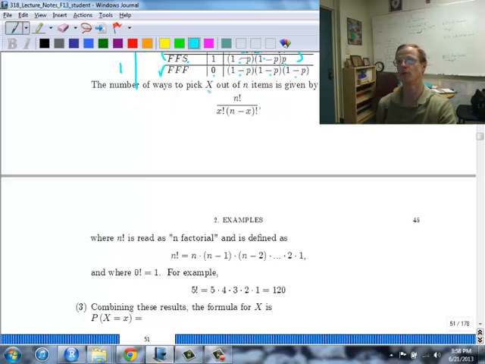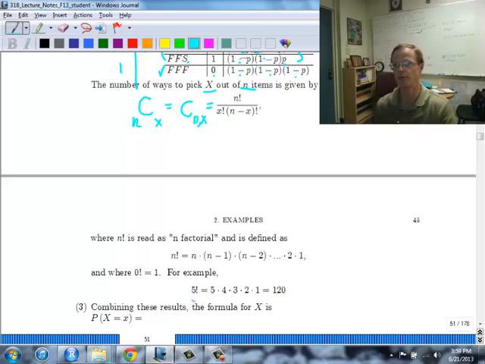It is the number of ways to pick x out of n items. For my math majors, you may have seen that written as nCx, or as n comma x here. But it is all this formula. And for my non-math majors, I want to note the exclamation mark is a technical term called factorial.